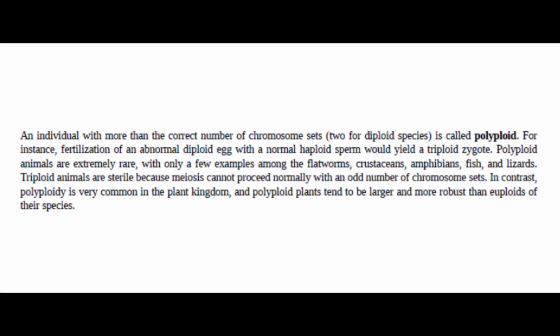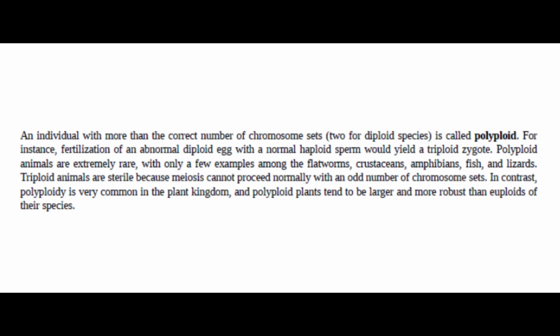An individual with more than the correct number of chromosome sets, 2 for diploid species, is called polyploid. For instance, fertilization of an abnormal diploid egg with a normal haploid sperm would yield a triploid zygote. Polyploid animals are extremely rare, with only a few examples among the flatworms, crustaceans, amphibians, fish, and lizards.